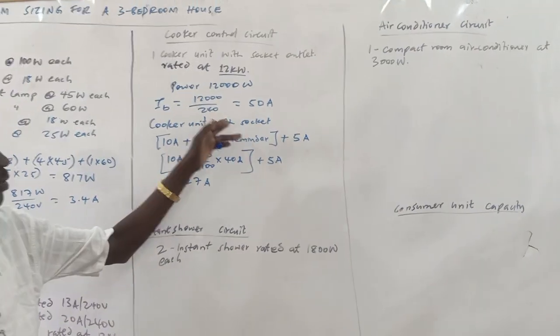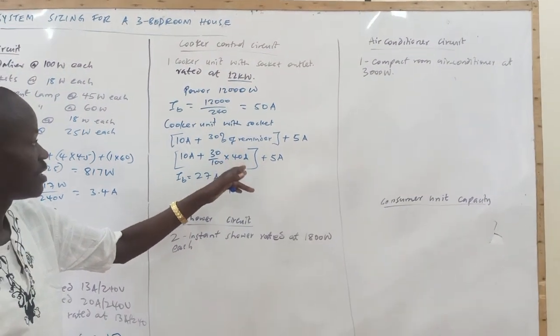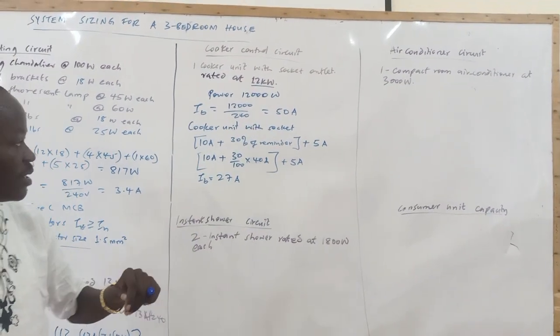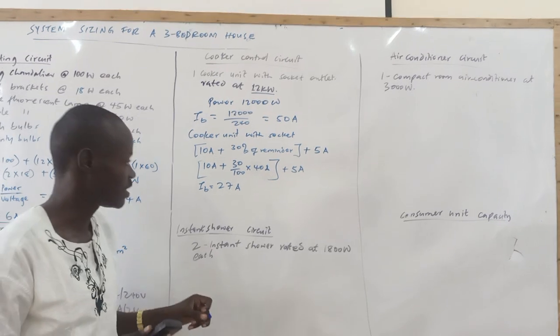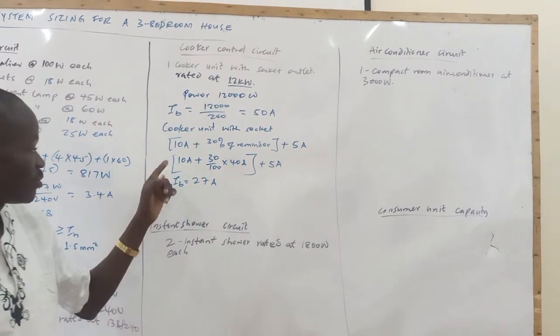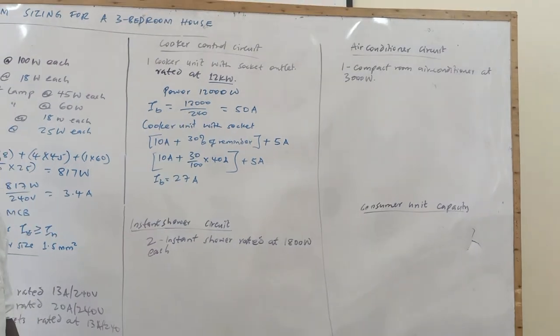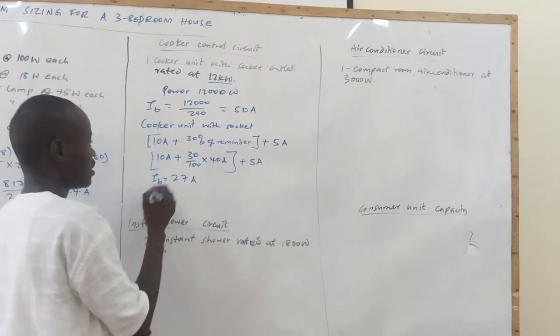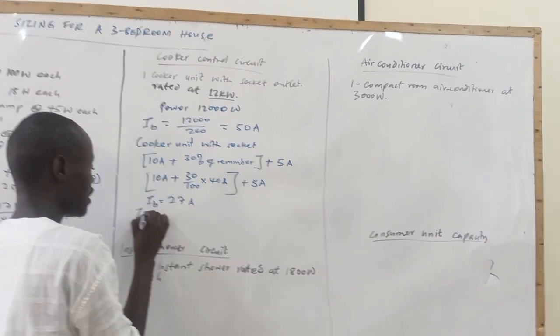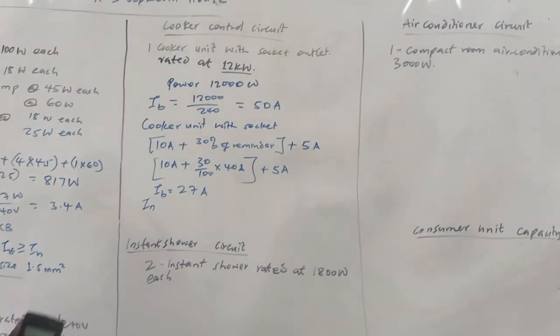If it was for the one without a cooker socket outlet, I'll show you when I'll be dealing with the materials later in the practical installation. I'll show you how it looks. So it will be just 22 and not 27. Then I proceed to selecting the nominal setting, or the appropriate protective device.